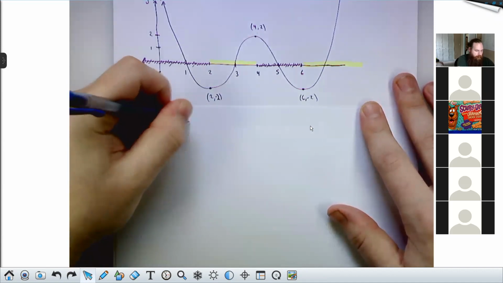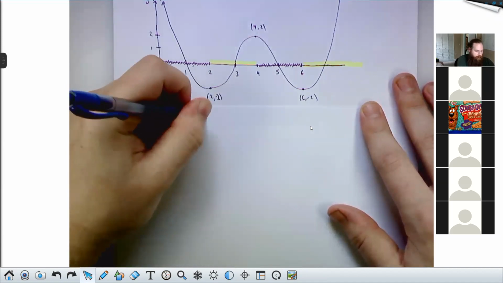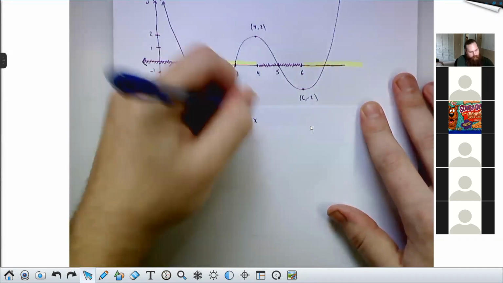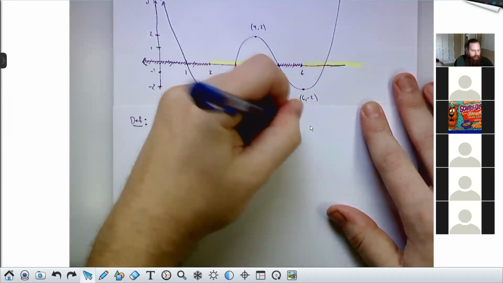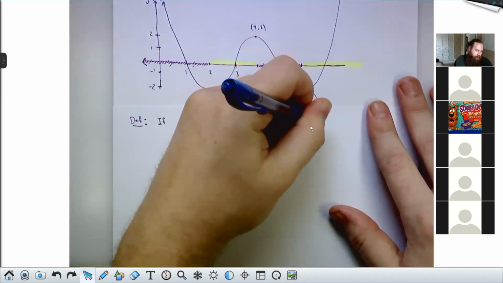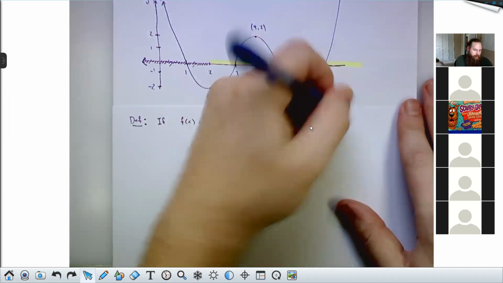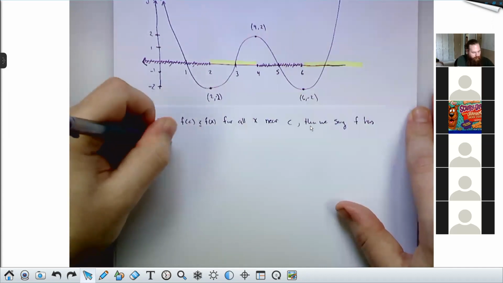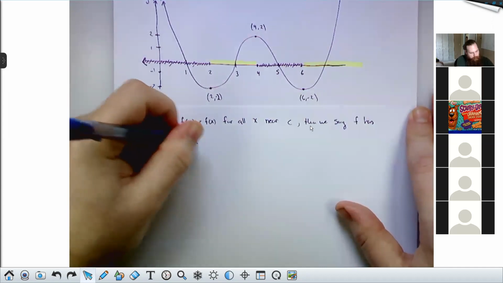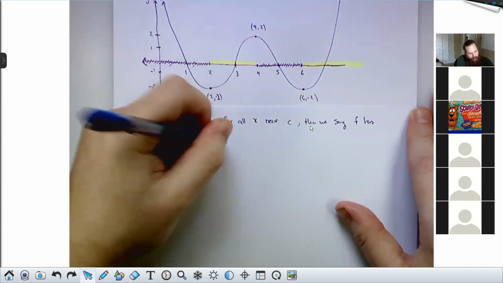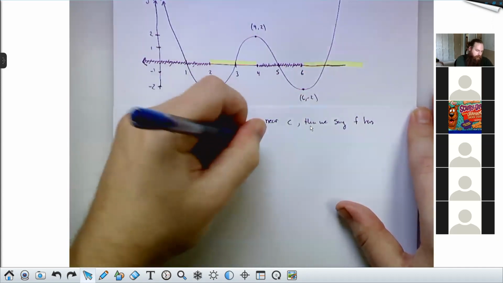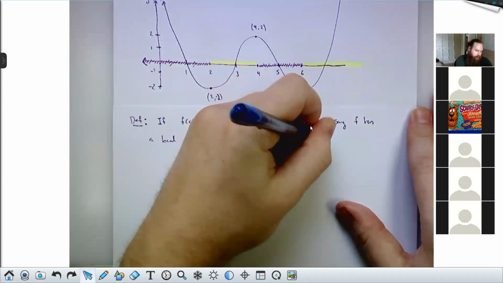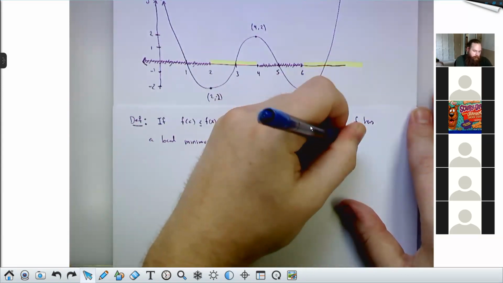If f of c is less than or equal to f of x for all x near c, then we say f has a local minimum at x equals c, and the min value is f of c.